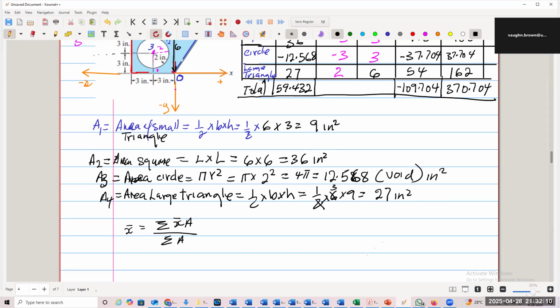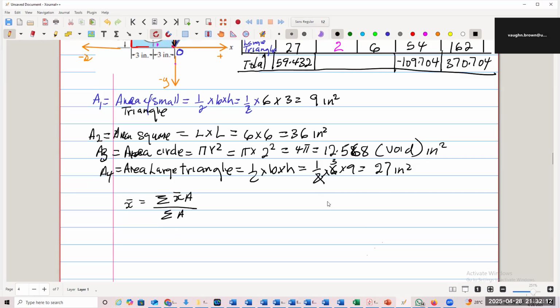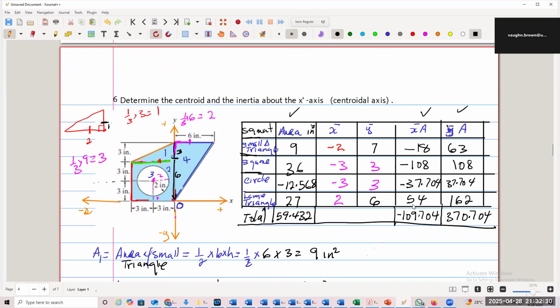And for y, y bar equals the sum of y bar times area upon the sum of the area. So it's not a big summation, it's for each section. So this is the sum of the area, this is the sum of x bar a, and this is the sum of y bar a.